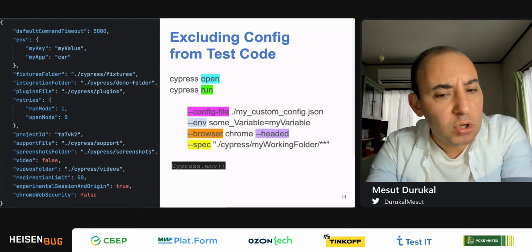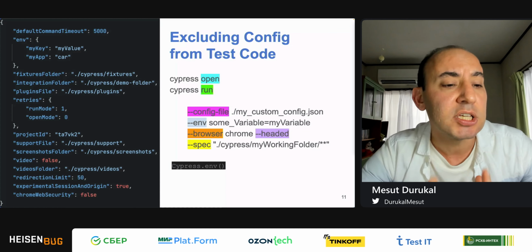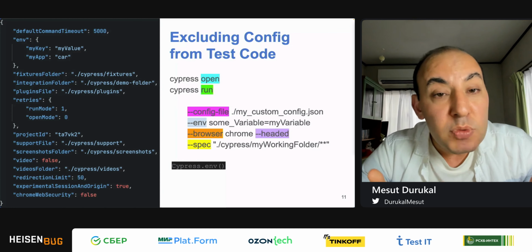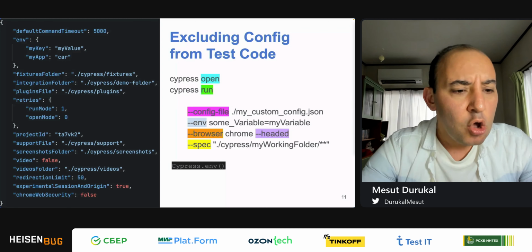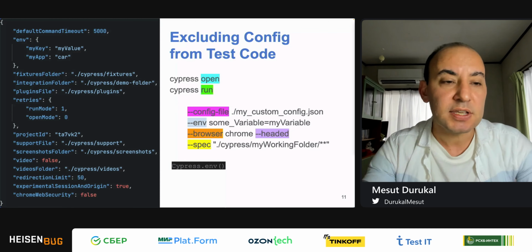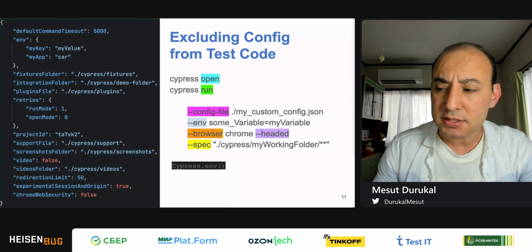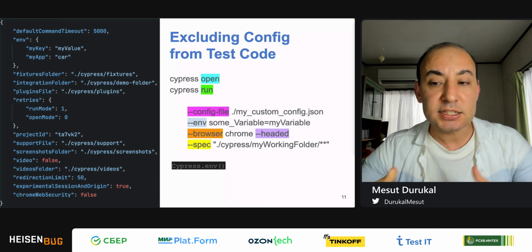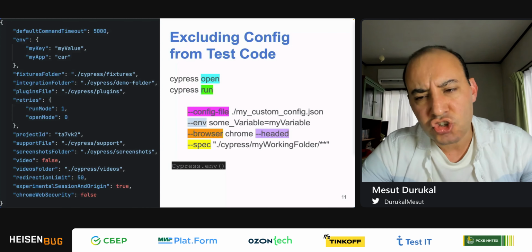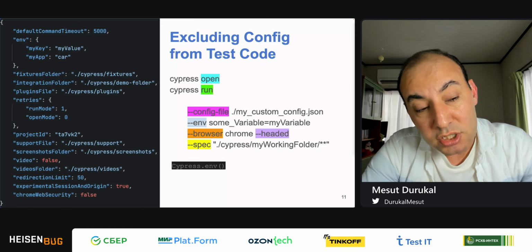I can set in which folder I will keep my fixtures, in which folder I will keep my plugins, what the retry number will be, how many times I will do the retries, or whether I will enable video capturing, which means even after the test execution is completed, I can see the video of all the pages, or maybe just the screenshots. All these settings can be done with the configuration.